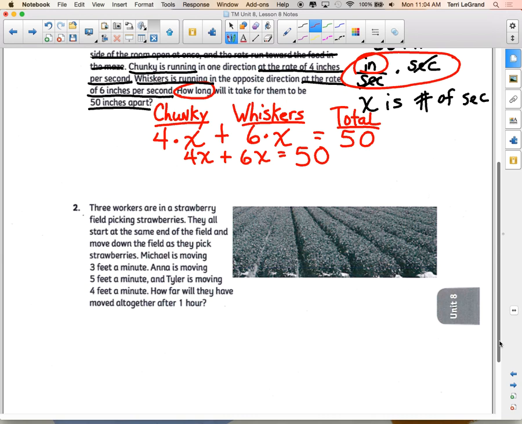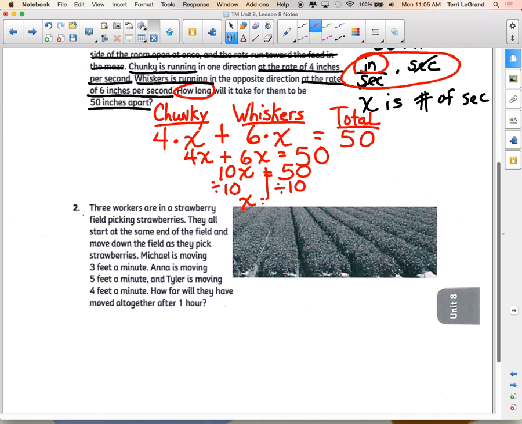What are we going to do? Yeah, we add those x's together. They're like terms. They can be put together before we solve this. And now that they've been put together, we have 10x, right? Is it ready to solve now? Now it's ready. What are we going to do to both sides, class? Divide by that coefficient of 10.